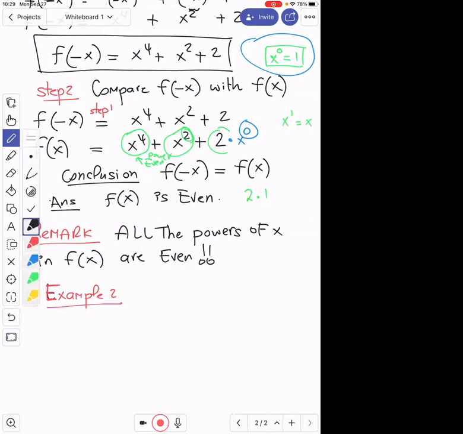Okay, so let's take f of x equal to 2x to the power 6, and then just take minus x. All right, and again, I want to check if f is even.